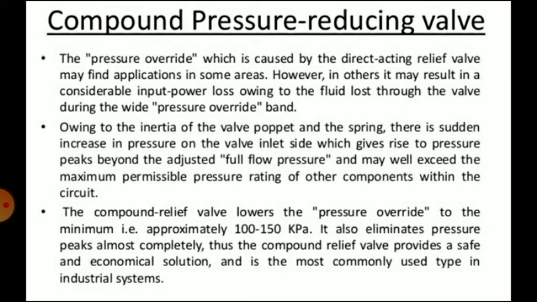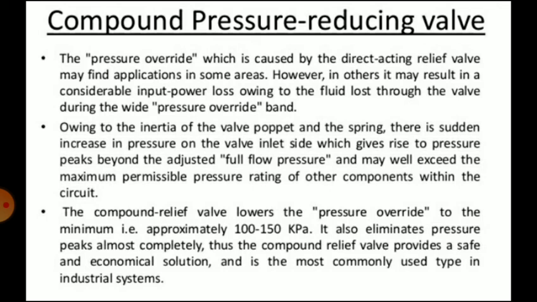Owing to the inertia of the valve poppet and the spring, there is a sudden increase in pressure on the valve inlet side, which gives rise to pressure peaks beyond the adjusted full flow pressure and may well exceed the maximum permissible pressure rating of other components within the circuit.